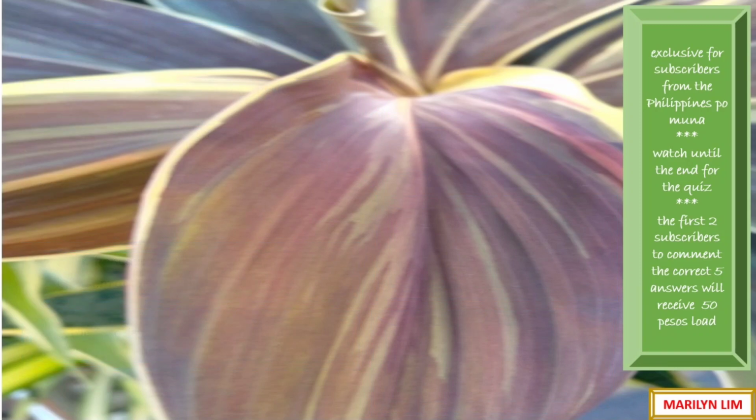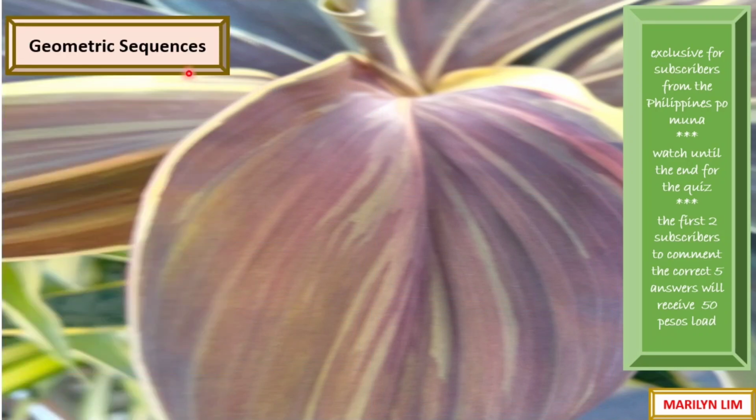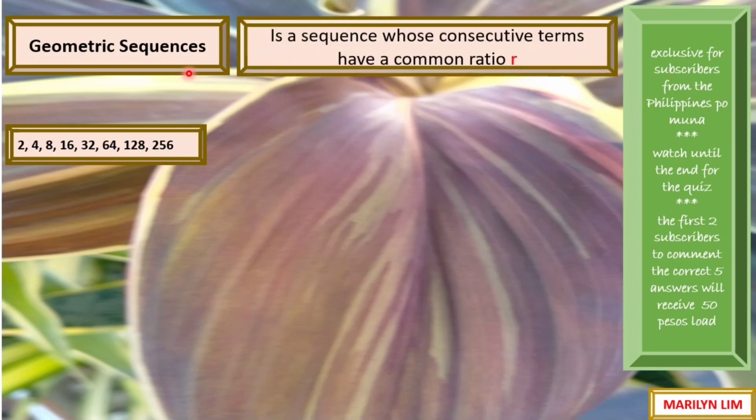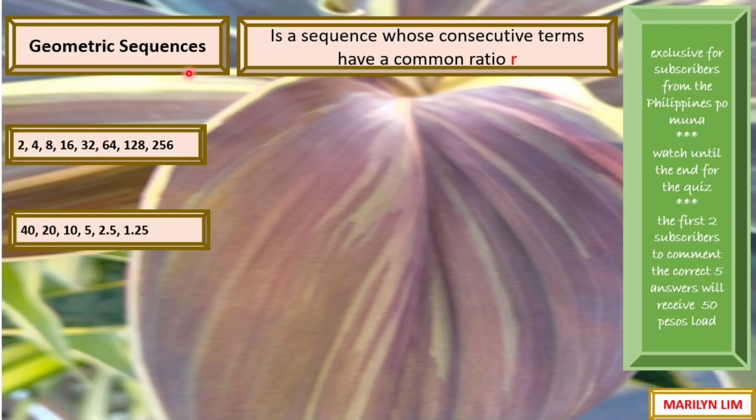Another type of sequence is the geometric sequence. A geometric sequence is a sequence whose consecutive terms have a common ratio r. Now let's see, in the given, is it a geometric sequence? I have here two givens. Let us check if the first given is a geometric sequence.